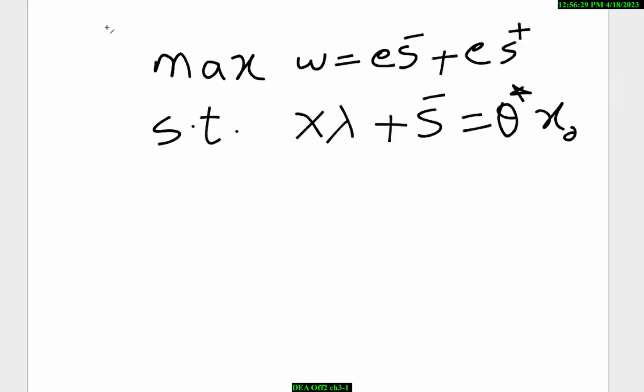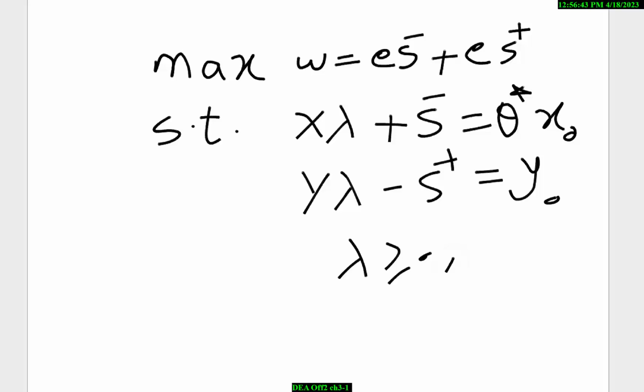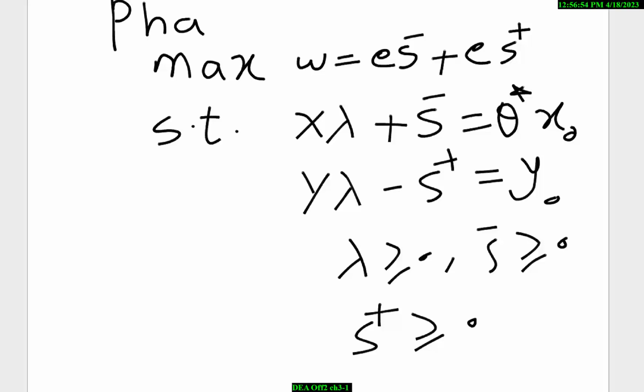And this model is solved as the second phase.